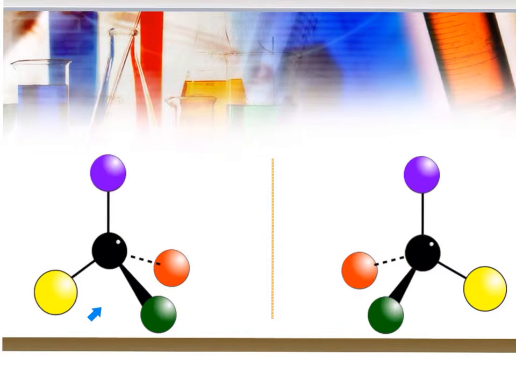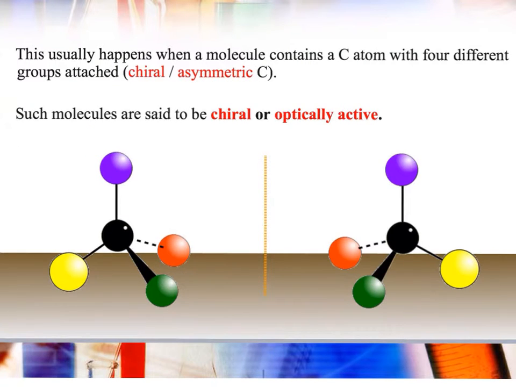And so no matter how we rotate this chemical compound, we can never rotate it to where it matches up to this chemical compound. Therefore, these 2 structures are not superimposable, and therefore they are chiral.